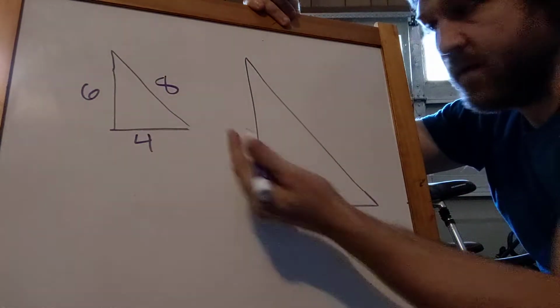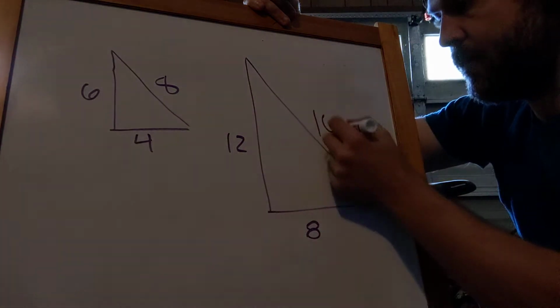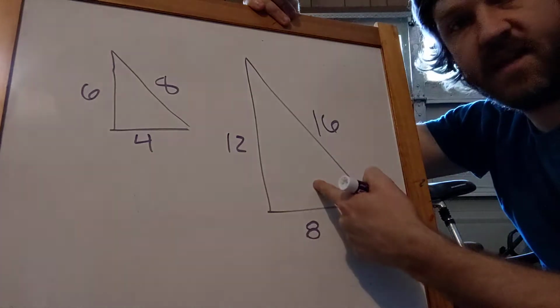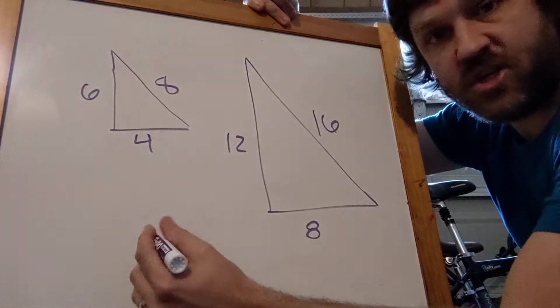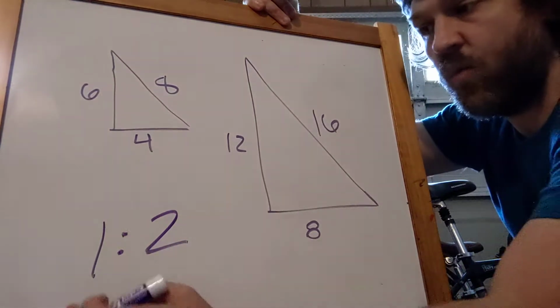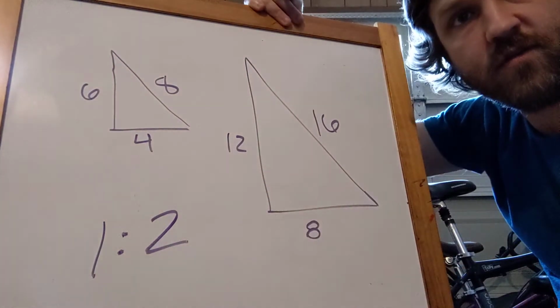So this other shape would maybe be 12, 8, and 16. And so we can see that this shape, everything in it is twice as much as this other shape. So the ratio between these two shapes would be 1 to 2, because for every 1 over here, there's 2 over here. So this is how ratios are used in geometry.